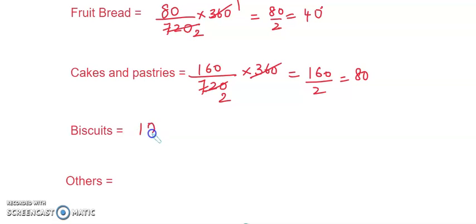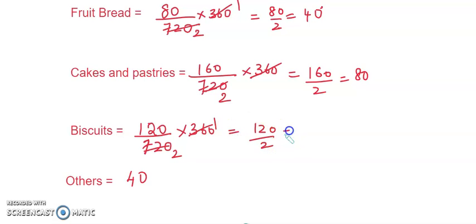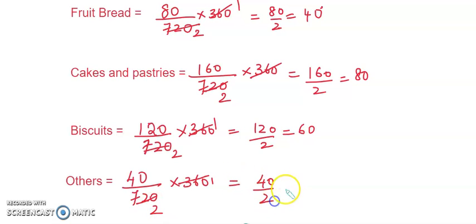So 360 ones are 360, twos are 720. 120 divided by 2, 60. And 40 divided by 2, 20.